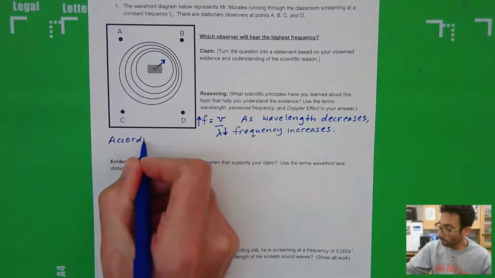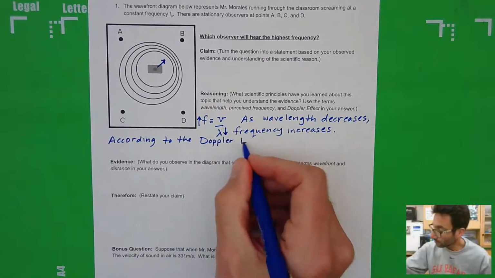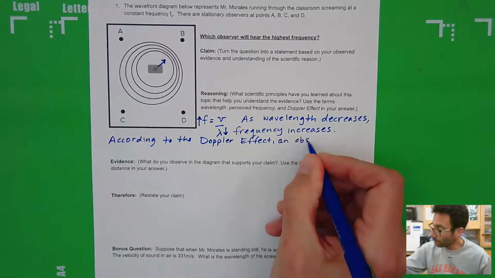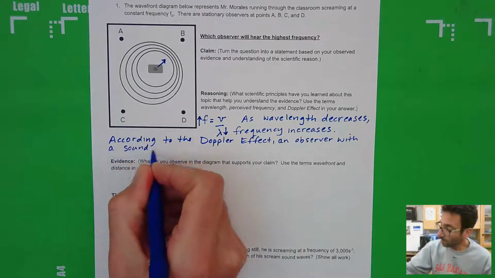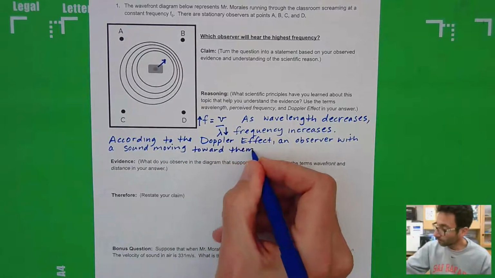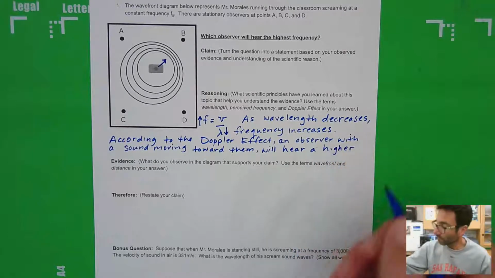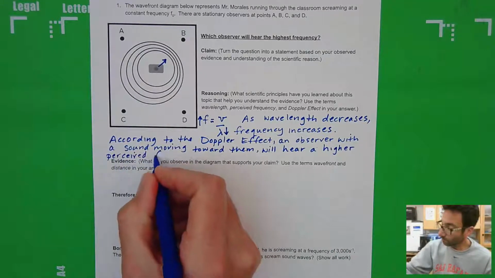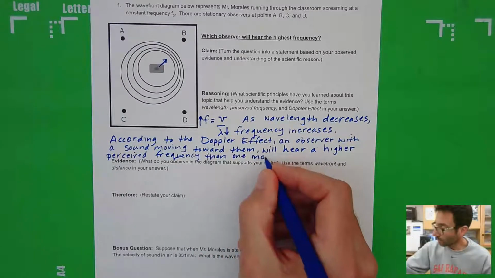According to the Doppler effect, an observer with a sound moving toward them will hear a higher perceived frequency than one moving away.